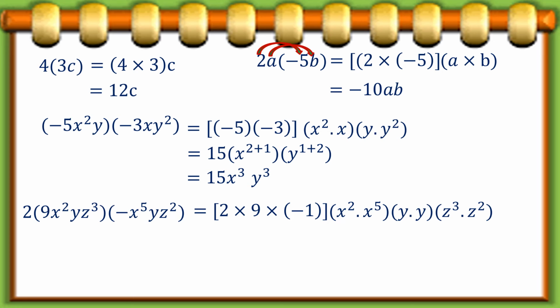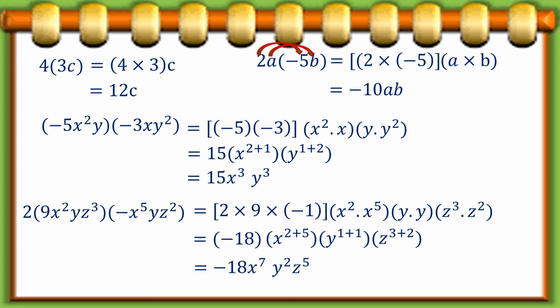So we have negative x, so we have negative 1 times x squared times x to the fifth times y times z to the third times z to the second. Multiplying further, we get negative 18 times x raised to 2 plus 5 times y raised to 1 plus 1 times z raised to 3 plus 2. Simplifying further, we get negative 18 x to the seventh, y to the second, z to the fifth.